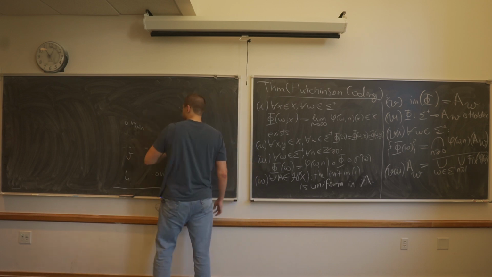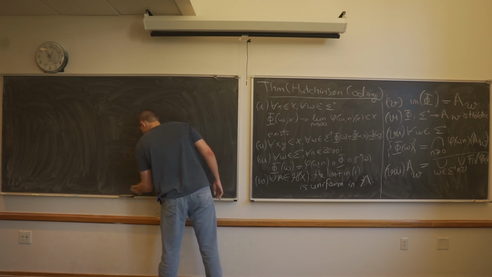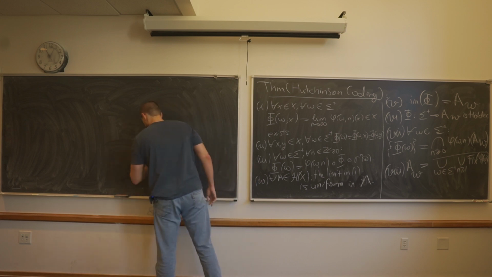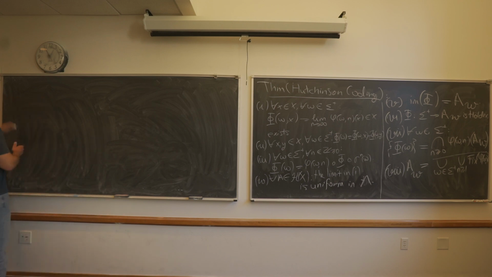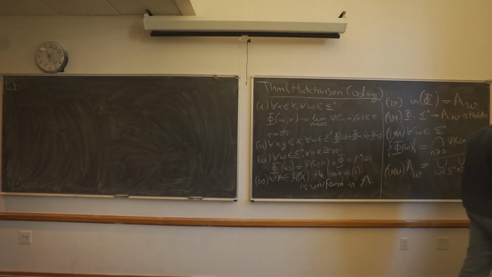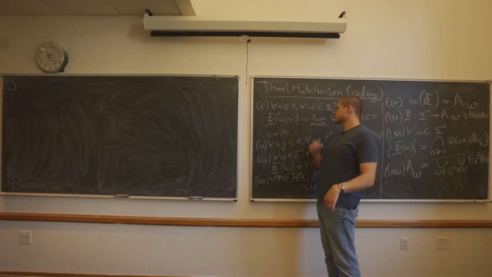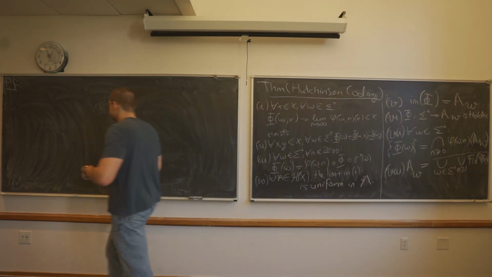So let's start with 1. And in fact, I'm going to start with a more general estimate. Proof. Let me take a compact subset first and take 2 points in it, x and y.